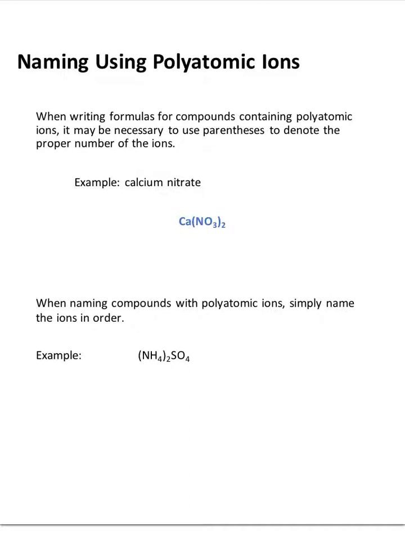So if we come down here, we know that calcium is Ca, and we know that nitrate from that table is NO3. We also know that calcium, when it ionizes, takes on a +2 charge. And from the table on the previous page, we know that the nitrate ion carries a negative charge. If we were to provide the formula for the compound calcium nitrate, remember we just cross our charges.